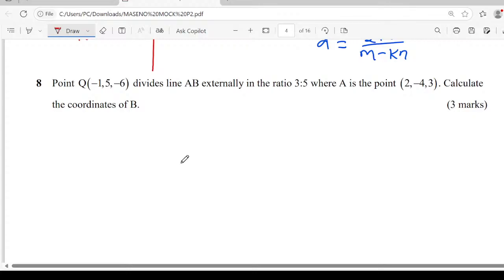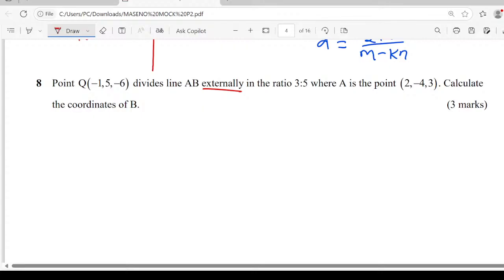I literally appreciate. So in this question number 8, this is an external division. They are saying 3:5 externally. And you all know about this concept on the ratio theorem.